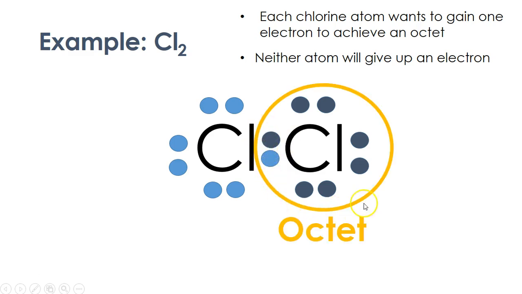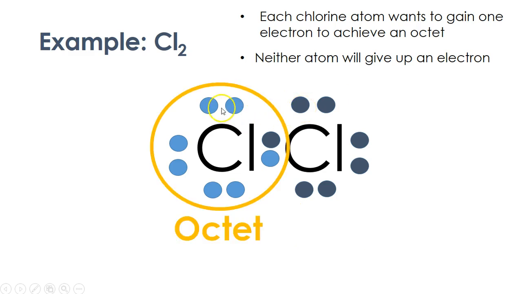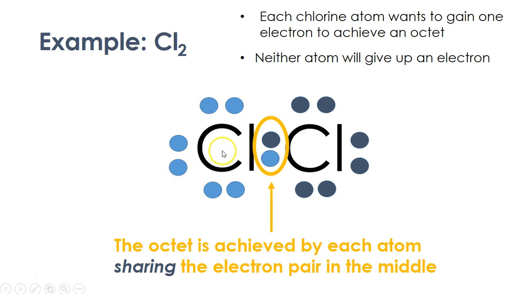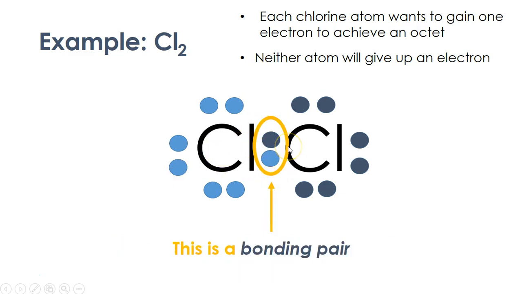Because they're sharing electrons in the middle, this chlorine atom has an octet, 2, 4, 6, 8, and the other chlorine atom also has an octet, 2, 4, 6, 8. The octet is achieved by each atom sharing the electron pair in the middle. This is called a bonding pair.